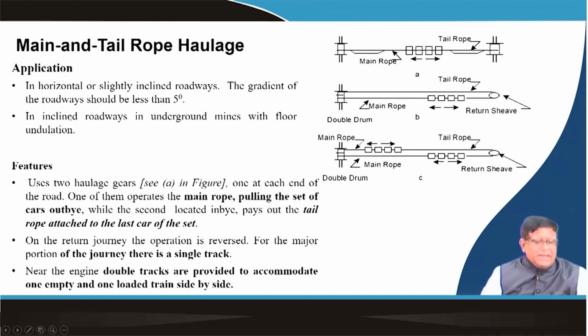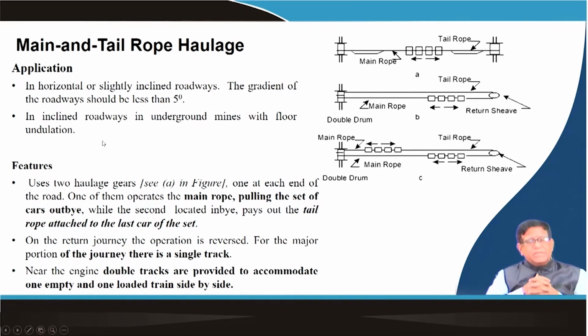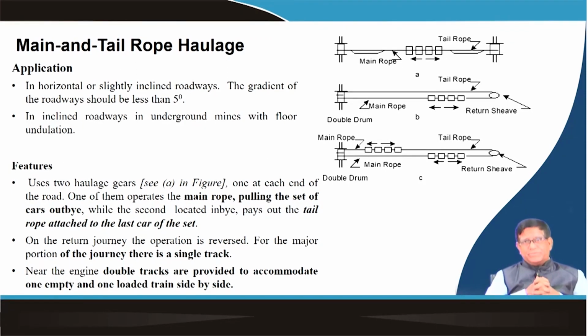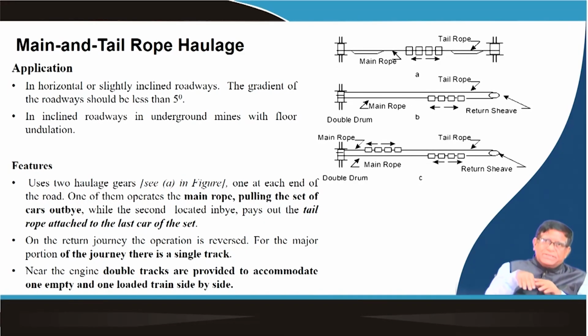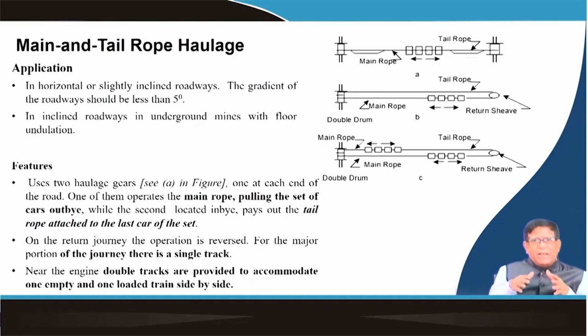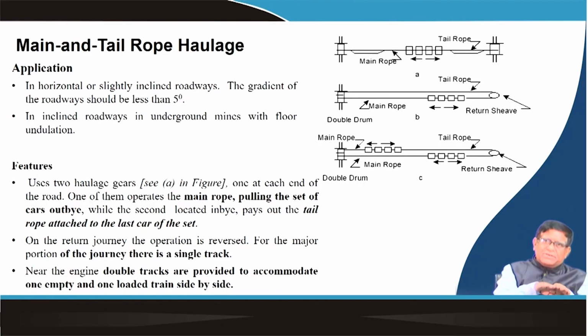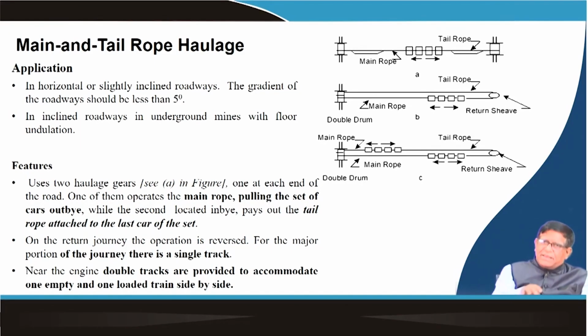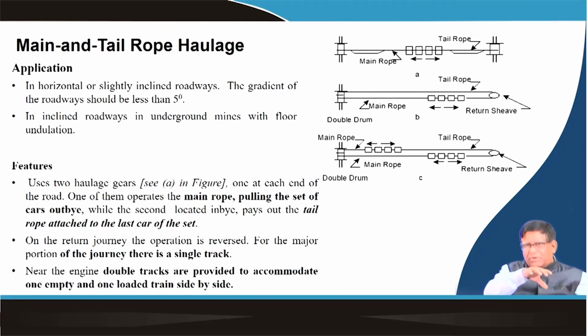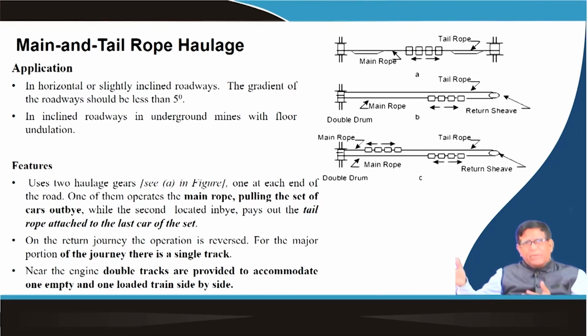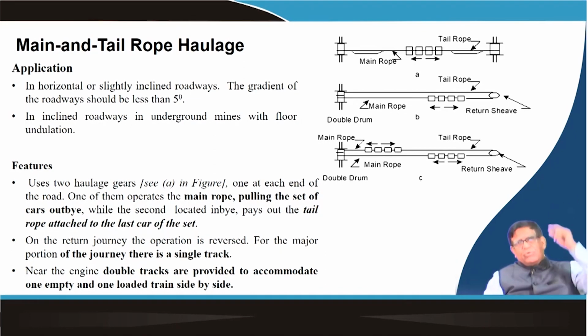Its application is in horizontal or slightly inclined roadways, because in direct rope haulage the empties can be taken down by gravity. But in an underground mine you will not always be able to do that, and you will have to carry things horizontally too. When driving a gallery in a coal seam or in rock horizontally, the cut material has to be taken up to the top.